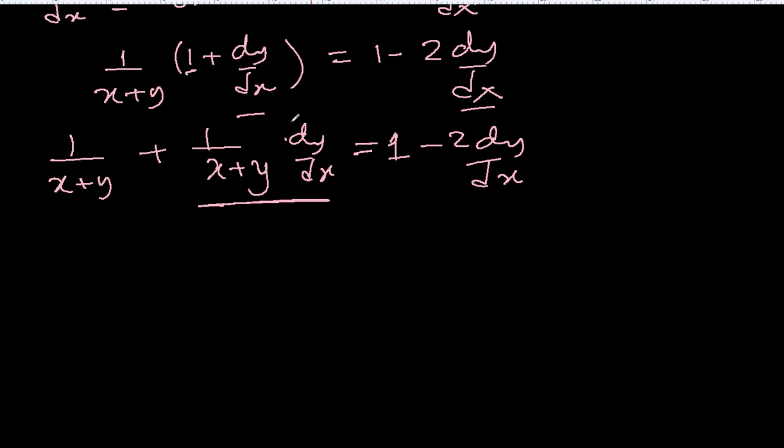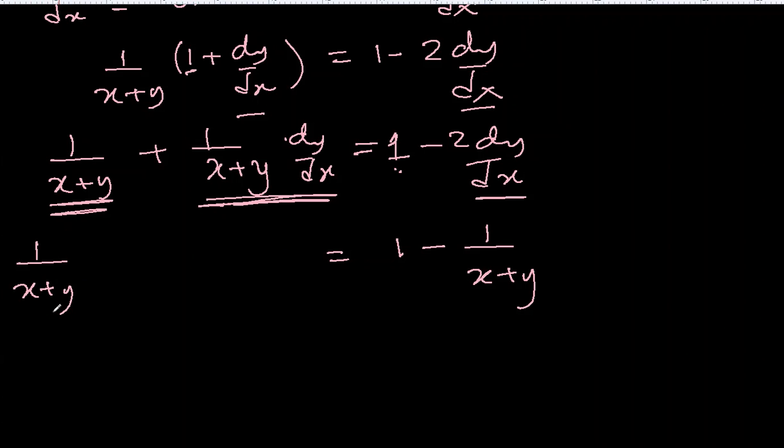Since dy over dx is liberated from the bracket, let's bring this dy over dx with it so that we can combine them. And this 1 over (x + y) will come with this 1. So let me write the right side first. 1 remains where it is, but 1 over (x + y) comes here from here. Now, this was already here, so let me write it. 1 over (x + y) dy over dx, and plus 2 dy over dx comes from the right side.